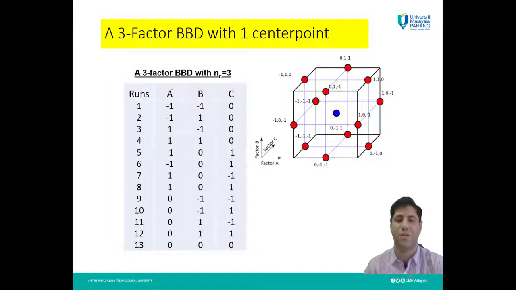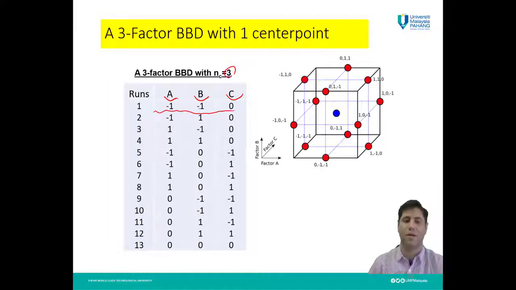You can see here we have three factors, A, B, C, and the number of center points in this design is 3. Then our runs will be something like this: -1 for factor A, -1 for factor B, 0 for factor C in run number 1.